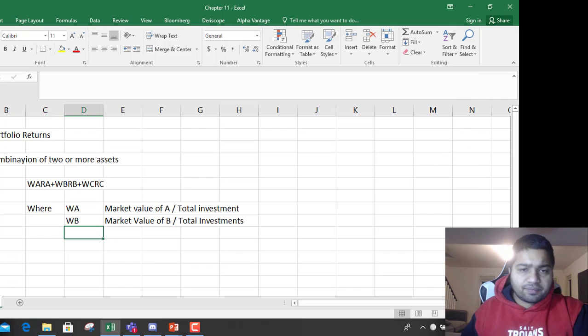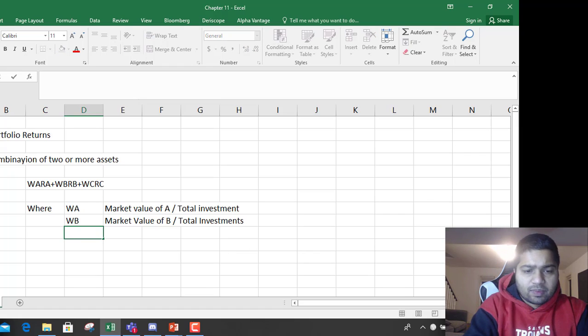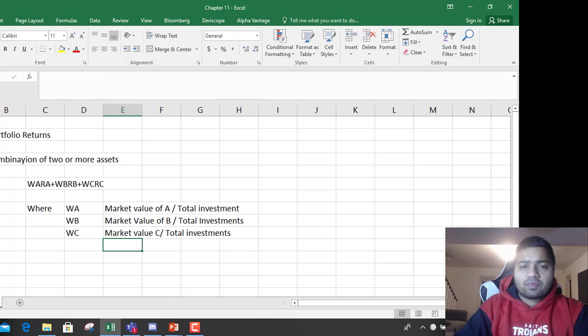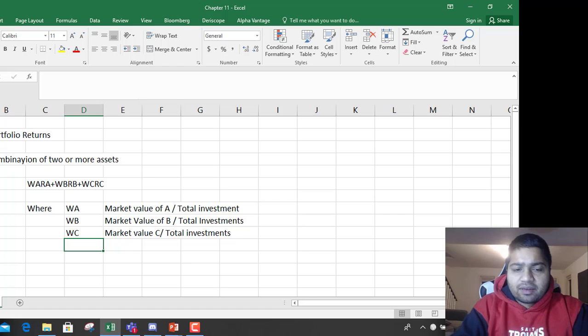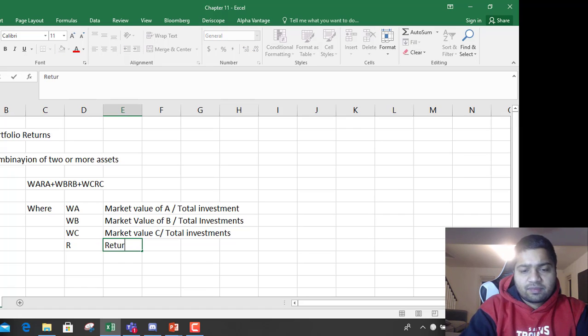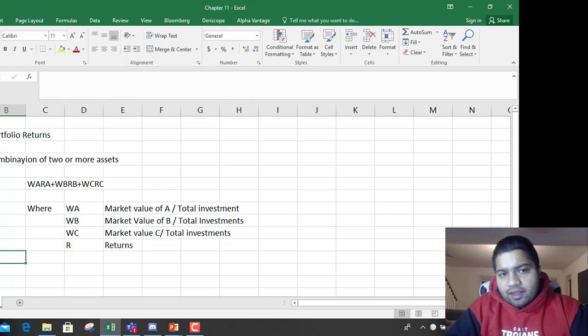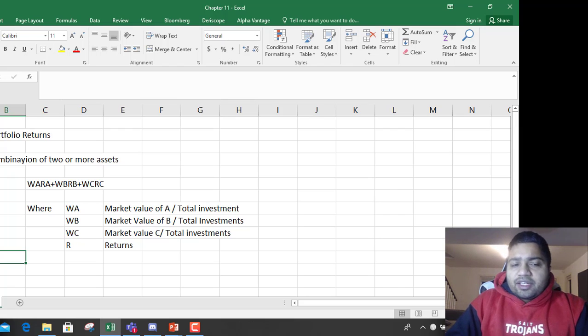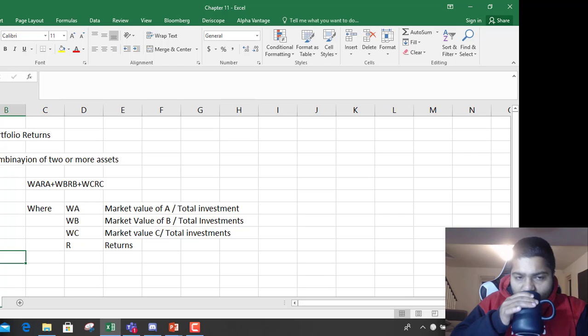And weight of C equals market value of C divided by total investments. Okay, and RA, RB and RC are returns. So R is returns. So return on a portfolio is nothing but the weighted average of returns on that portfolio.